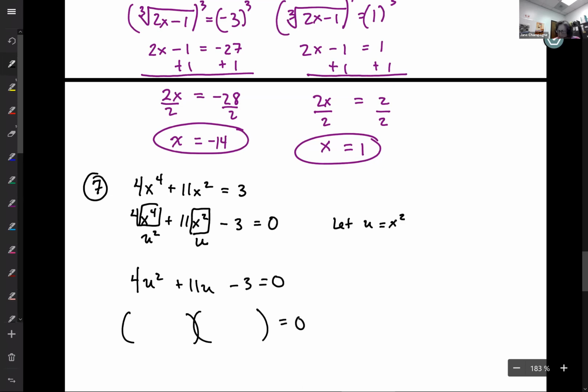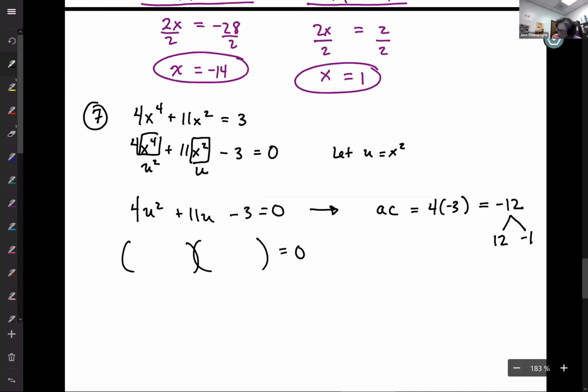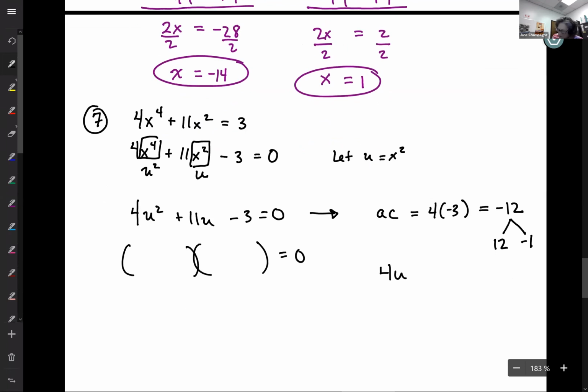Let's see, factoring this one, should we use the AC method? A times C would be 4 times negative 3, which is negative 12. So to get 11, that would have to be a positive 12 and a negative 1. So if we split up that middle term, plus 12u minus 1u minus 3, we can factor out a 4u.